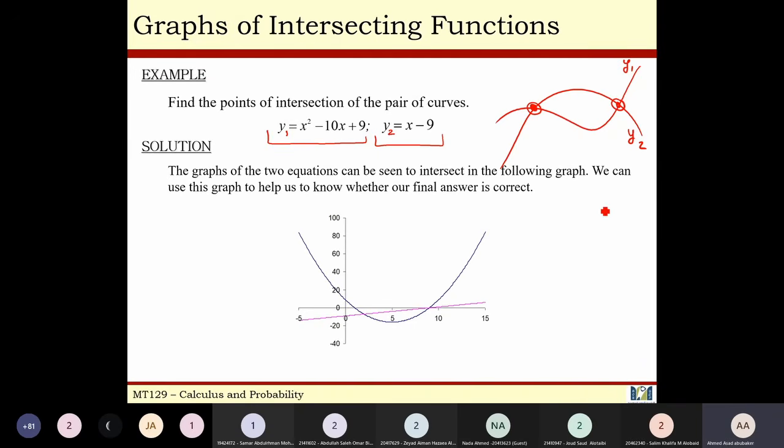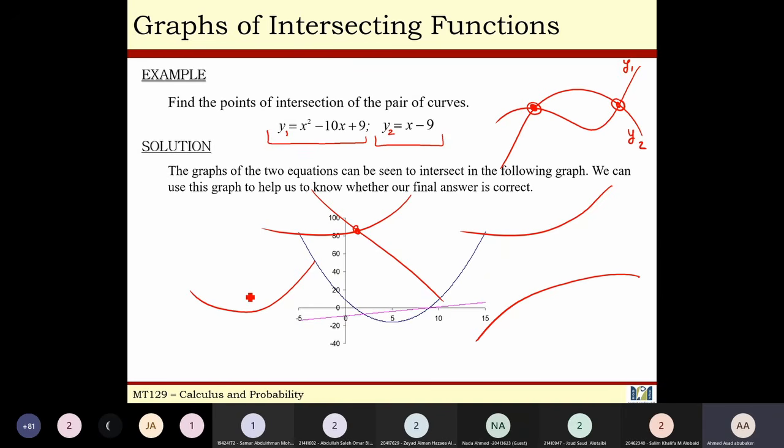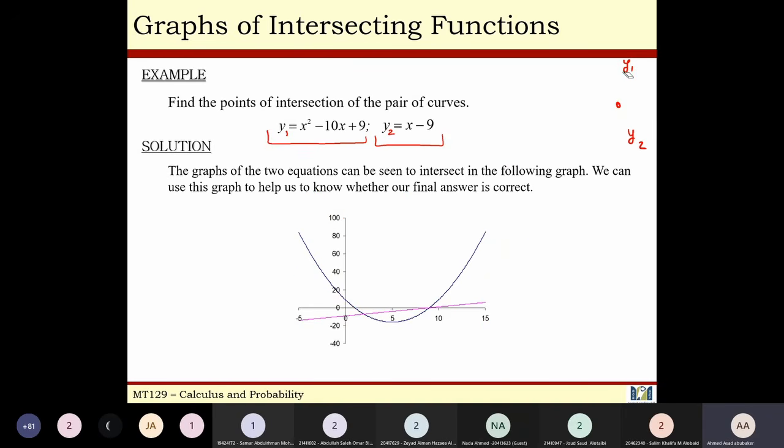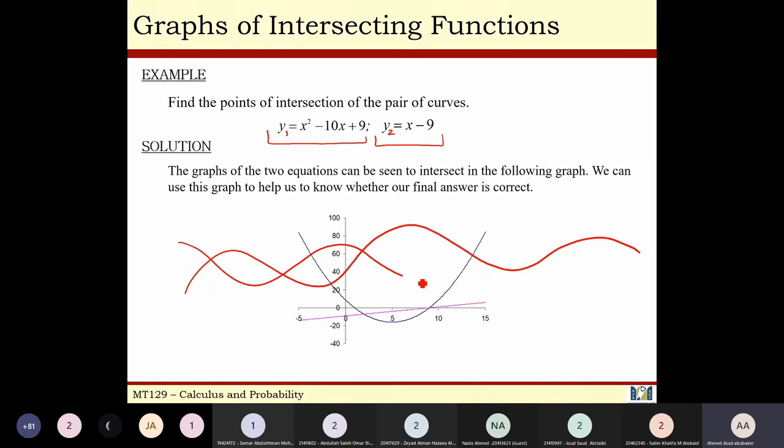Sometimes we don't have any intersection point. Sometimes we have only one intersection point, like this, or like this, if we have a line like this. Sometimes we have two. Sometimes we have many intersection points. For example, this is the sine and this is the cosine, so we have many intersection points. So this depends on what? On the function.